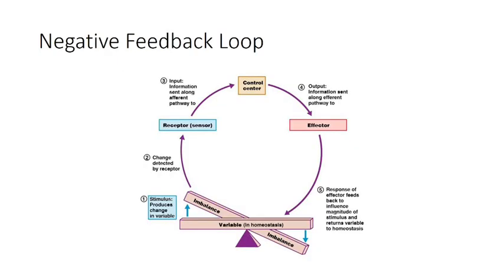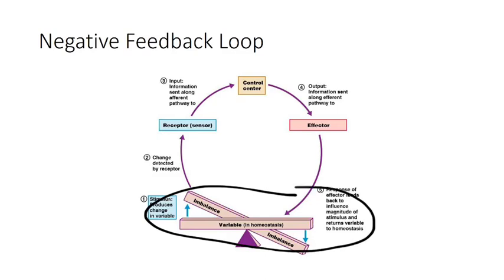So let's first look at negative feedback loops. Here we see the analogy to a seesaw. When the seesaw is balanced, that means the organism is in homeostasis. But let's say that first of all, there's some type of stimulus. Something upsets this balance. Something moves our seesaw.